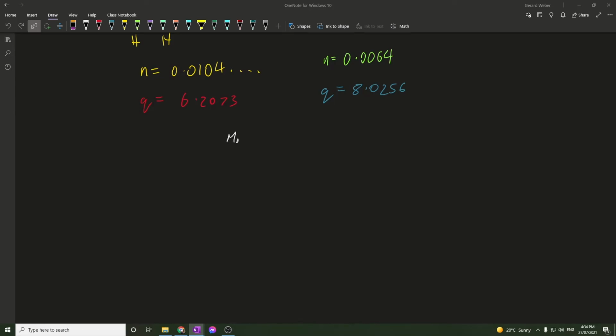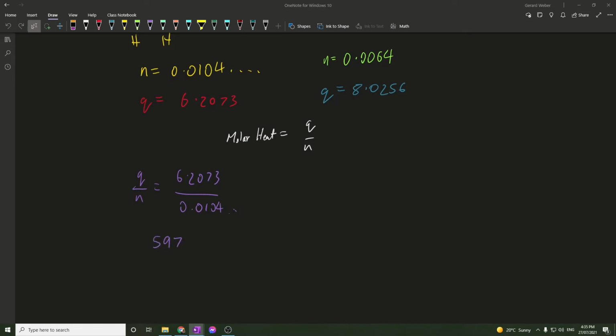Molar heat is equal to Q divided by N. So we'll plug this in. For ethanol, Q over N is 6.2073 divided by 0.0104.